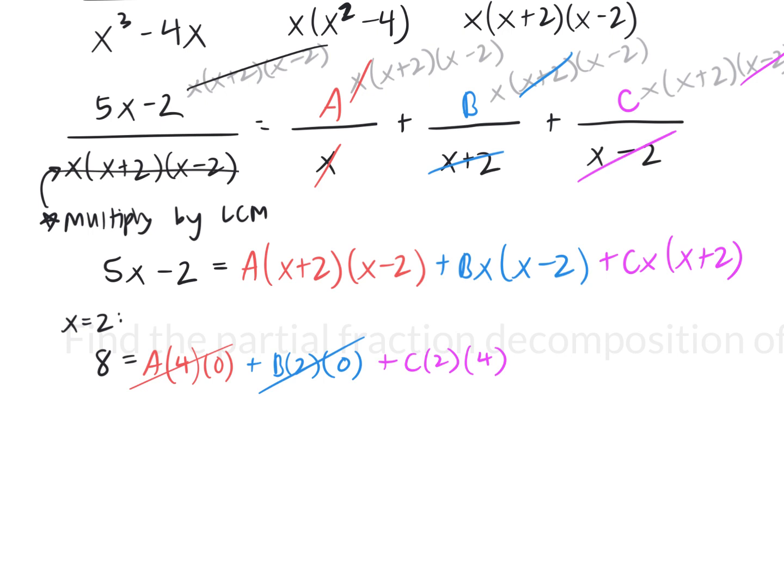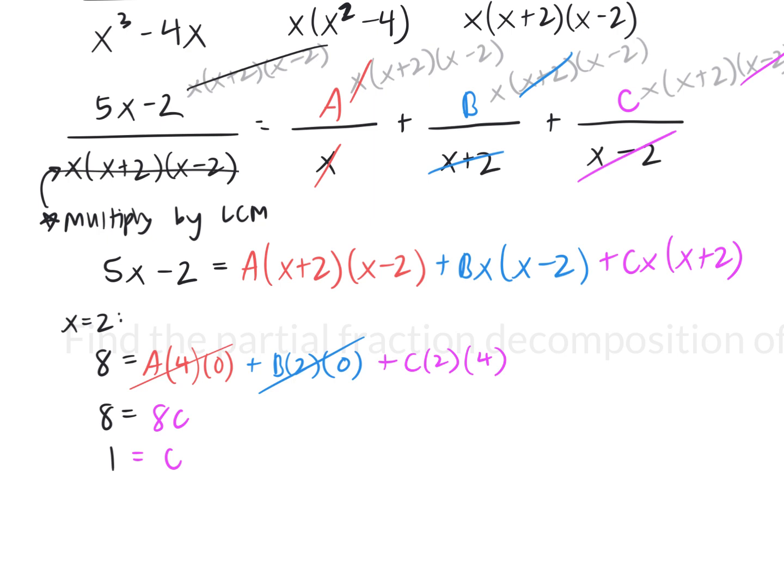We got rid of everything else. The x's went away because we chose an x to plug in, and we chose a smart x to get rid of my a and my b term. So now I'm just left with 8 equals 8c. Yes, it should be c. Okay. So then we get that c equals 1, right? Yes, c equals 1.